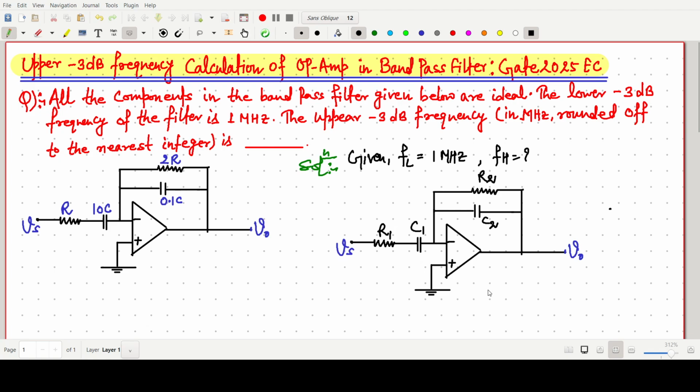This kind of circuit is nothing but our band pass filter.